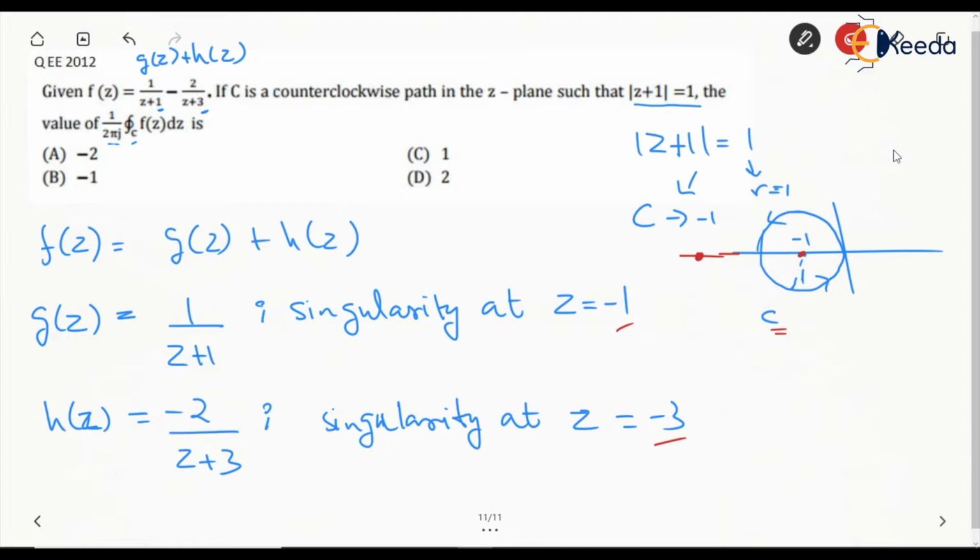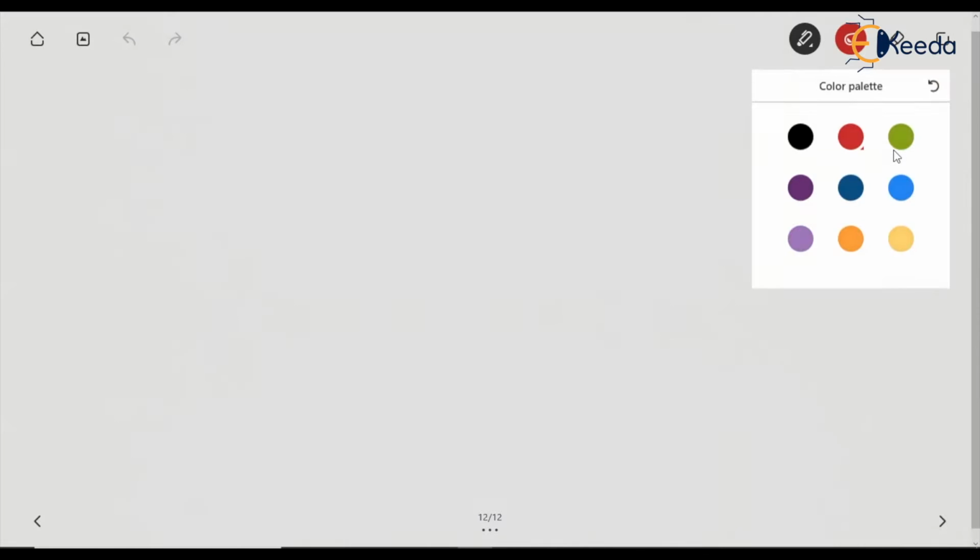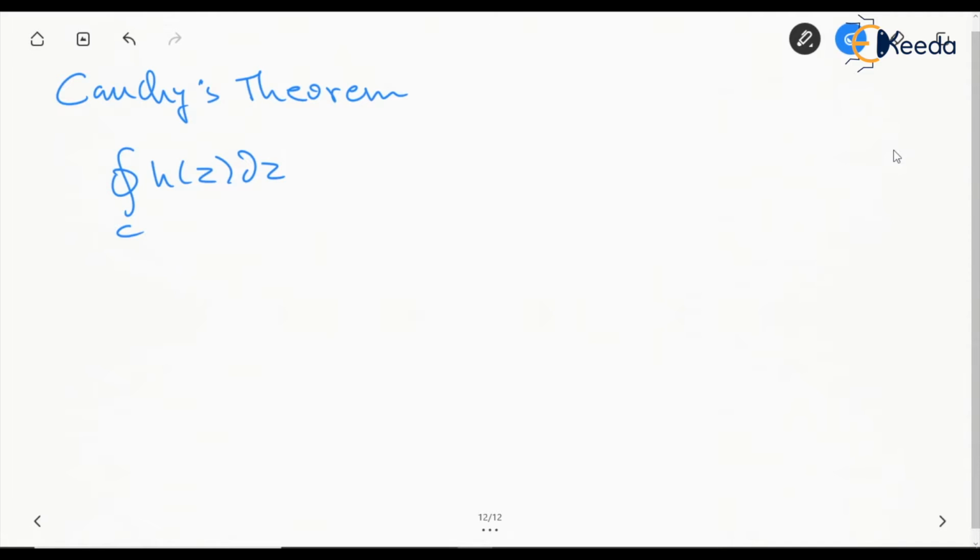In that case, very clearly, as per Cauchy's theorem, the integration of h of z dz for this closed path is going to be 0, because this function is analytic on all the points on the curve and within it.